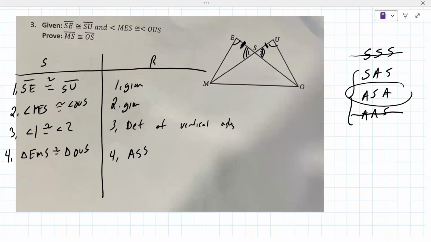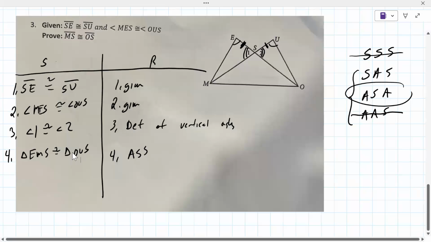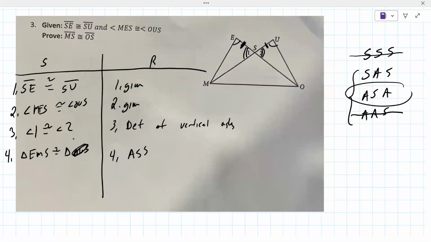Is that the order of the letters? Yeah, I agree with that. Okay, so E is starting up here at the angle that's congruent. O is down here, off in space. Wait, no, no. UOS. Okay, that's better. Okay, angle side angle.